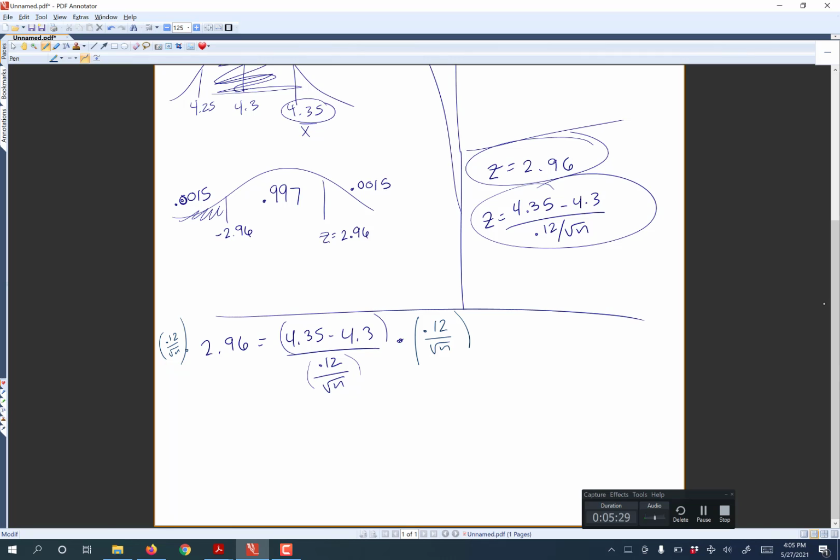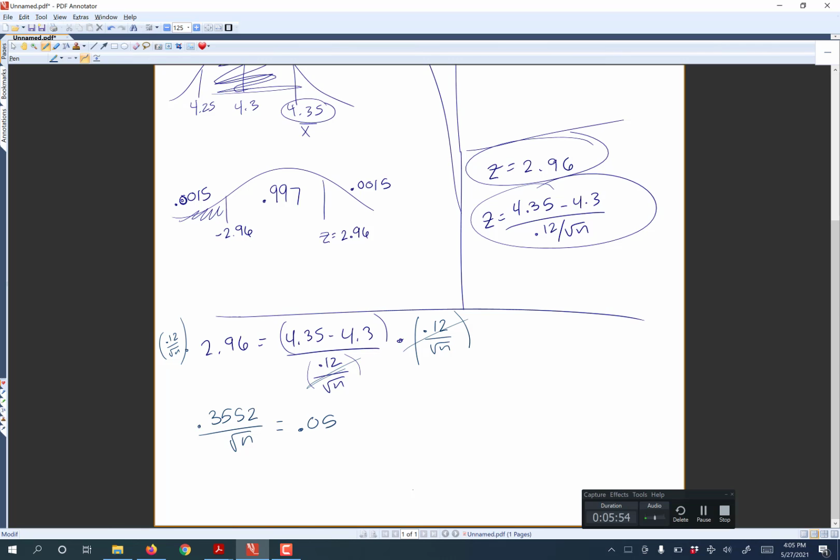So let's see, 2.96 times 0.12 gives me 0.3552 over the square root of n equals, and then that would be canceled, and 4.35 minus 4.3 gives me 0.05.